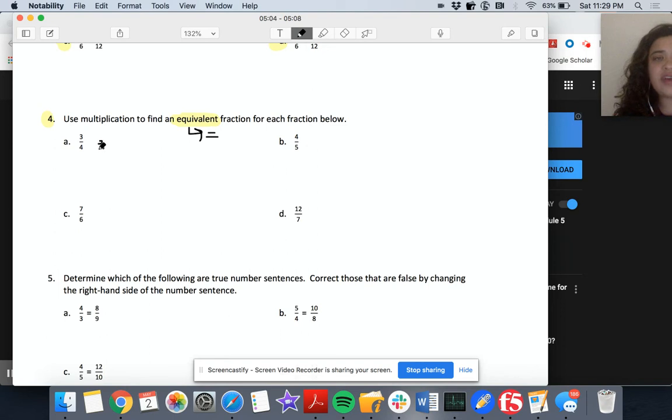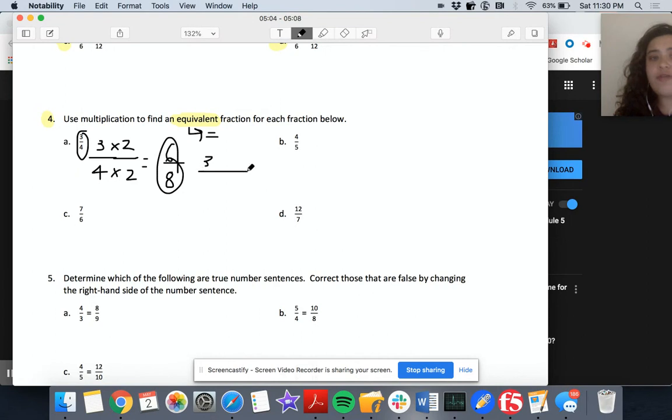How can we find an equal fraction to 3 over 4? Well, all I need to do is multiply the numerator and the denominator by the same number. Okay? So I could do 3 times 2, 4 times 2. 3 times 2 is 6, 4 times 2 is 8, and therefore I know that 3/4 is equivalent to 6/8.